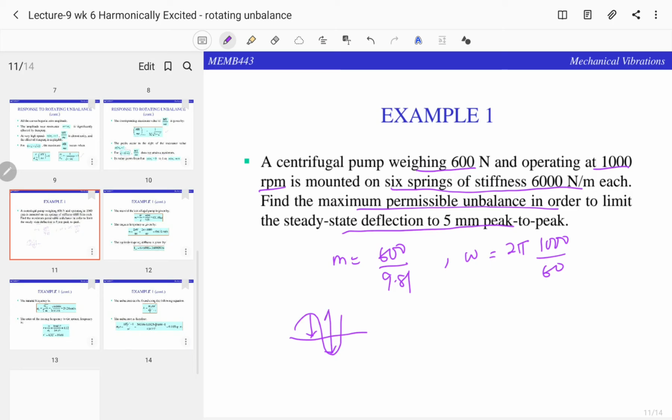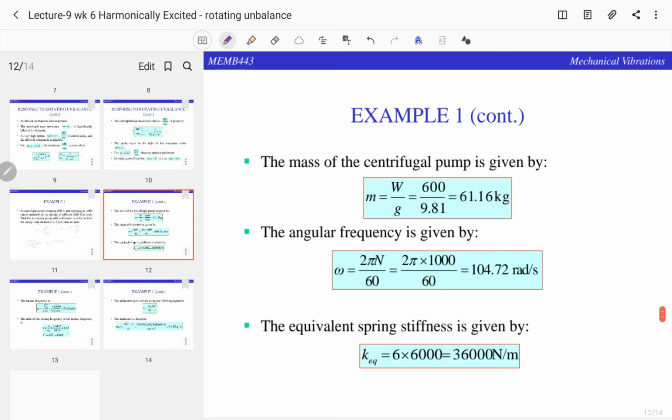This is peak to peak, which is 5 mm. So basically the steady state deflection is actually 0.25 mm.